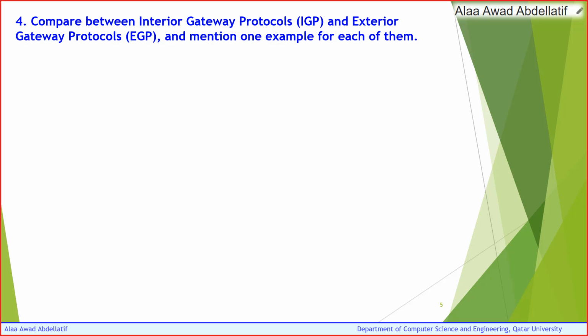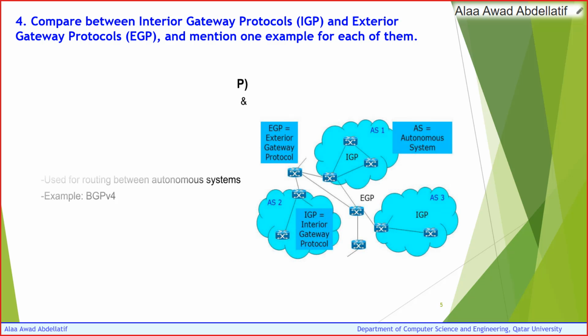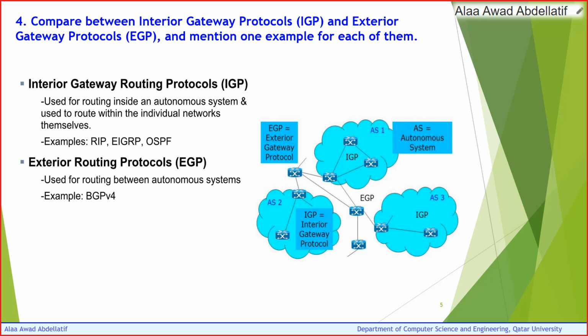Another comparison, if we need to compare between the interior gateway routing protocols and the exterior gateway protocols and mention one example for each of them. So it's a question with two parts, but I take care to answer both parts. The first part is what's an interior gateway protocol and what's an exterior gateway protocol.